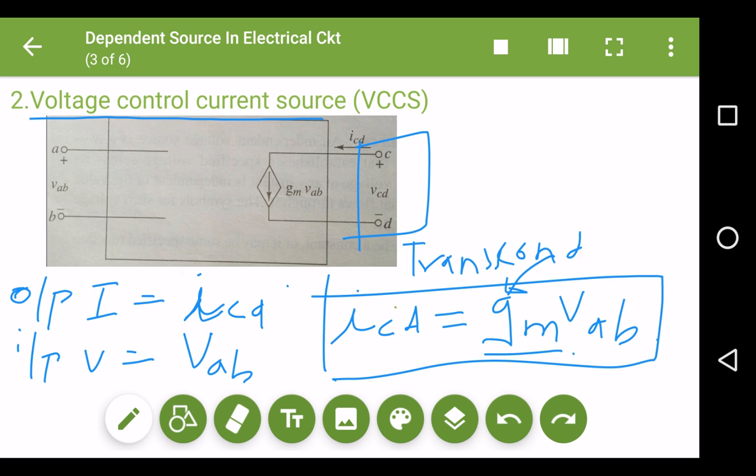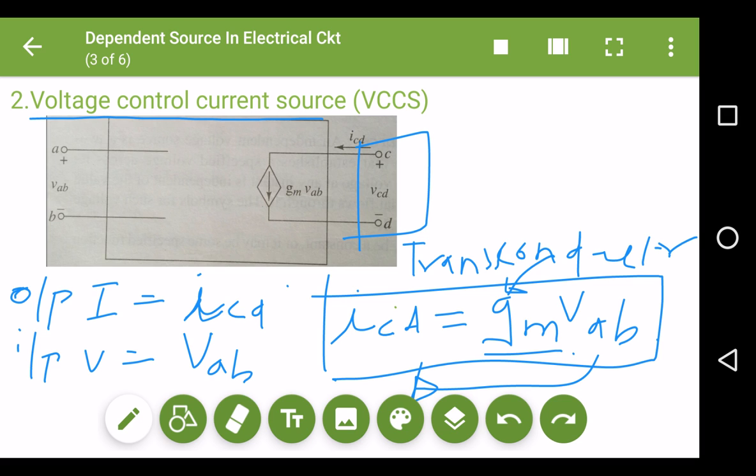Transconductor, okay, and it has a unit. You can guess the unit of GM by just taking VAB to the other side of the equals sign. So, current upon voltage: the unit of current is ampere, while the unit of voltage is volt.